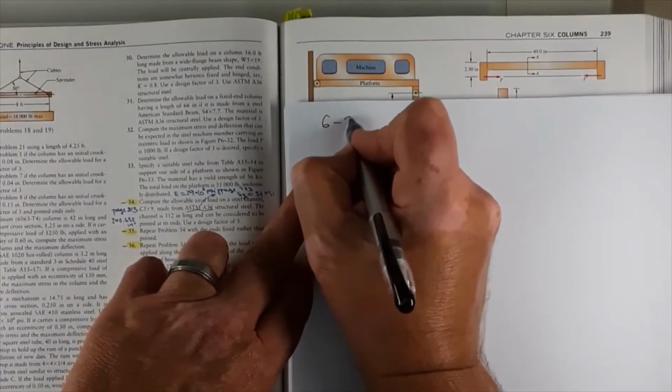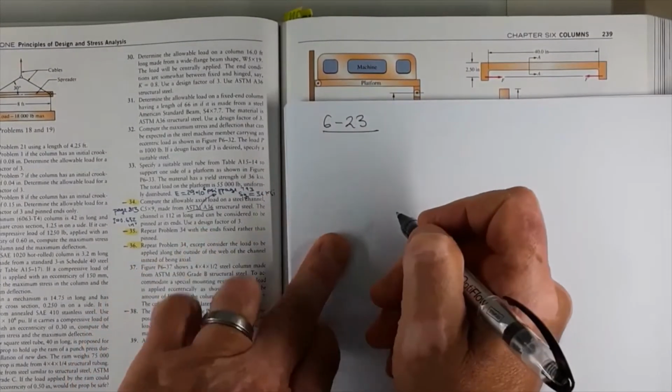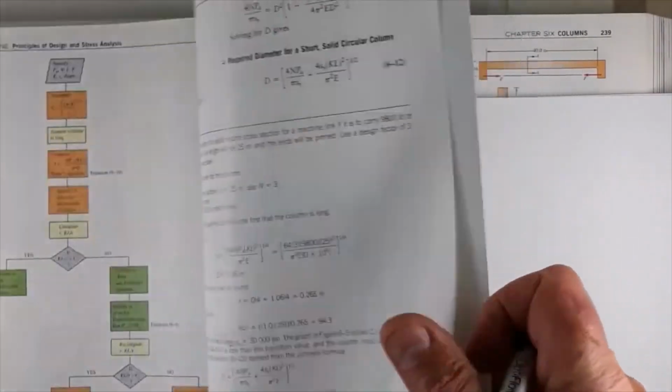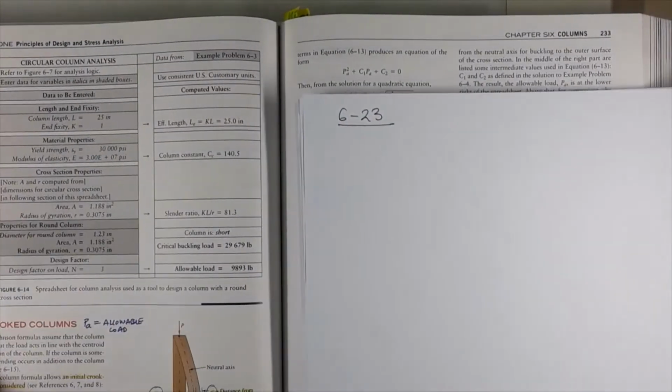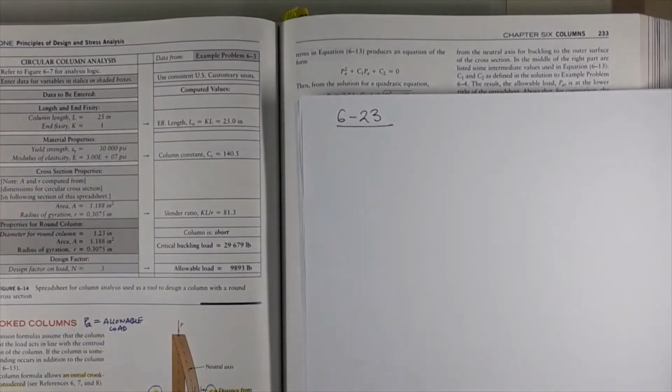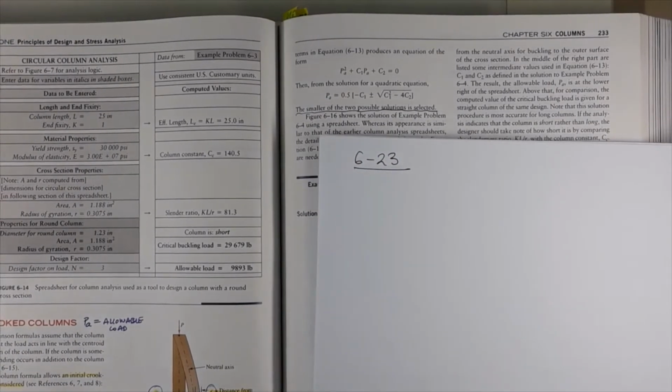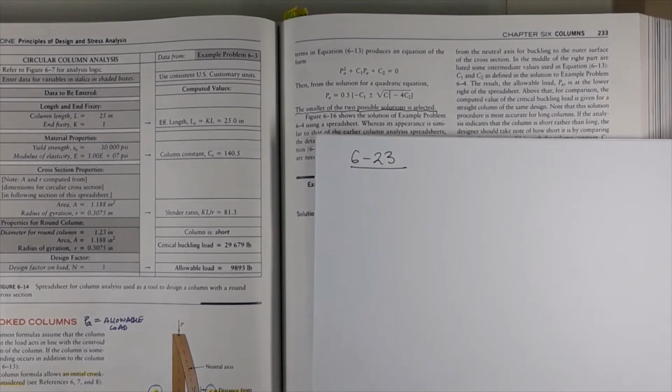So problem 6.23. All right, and so crooked column, page 232. We're going to utilize this equation here.